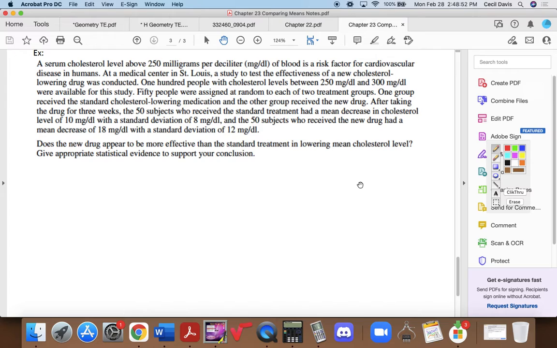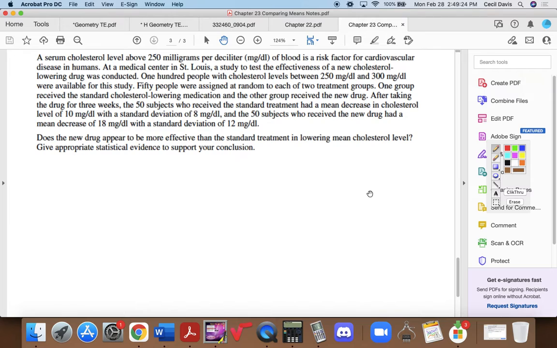After taking the drug for 3 weeks, the 50 subjects who received the standard treatment had a mean decrease in cholesterol level of 10 milligrams per deciliter with a standard deviation of 8, and the 50 subjects who received the new drug had a mean decrease of 18 milligrams per deciliter with a standard deviation of 12. Does the new drug appear to be more effective than the standard treatment in lowering cholesterol? Give appropriate statistical evidence to support your conclusion.